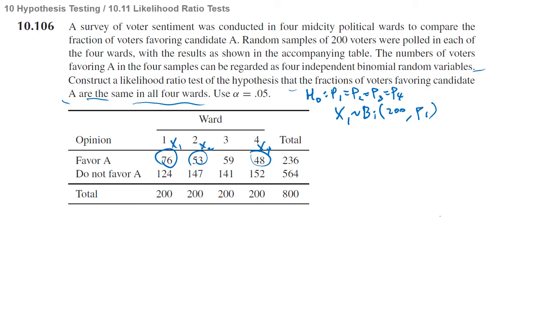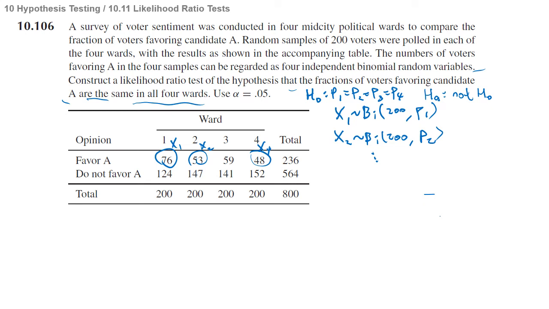This is H null, and the alternative is not H0. Okay, and we know that x1, x2 are binomial 200, p1, p2, and so on.